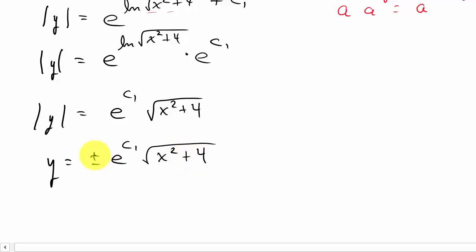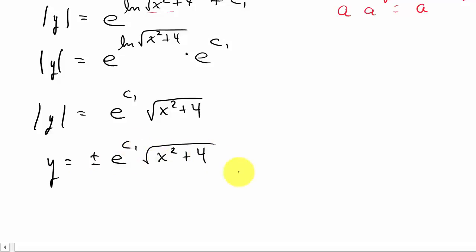Because if I take the positive part and plug it in here, the absolute value is going to be positive. And if I take the negative part and plug it in there and take the absolute value, that's going to be positive also. So that's where we get y is equal to plus or minus e to the c1 times square root of x squared plus 4.